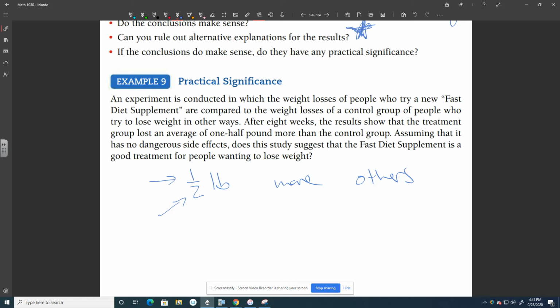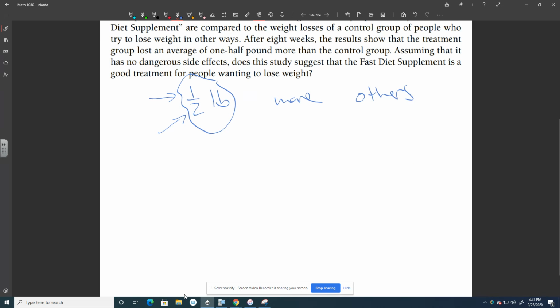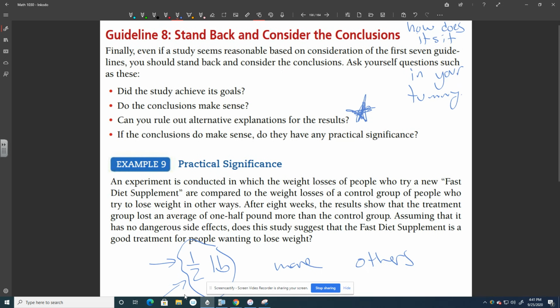And the only difference is an average of 1/2 pound. Even though that's true, even though this is working better, is that 1/2 pound really significant when you're looking at the amount of weight that a person is losing? And that's kind of the good reason, that last question.